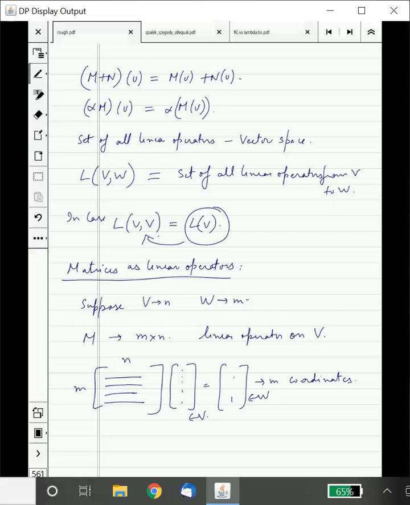It is easy to verify that M is actually a linear operator. That is good. We know now that matrices are linear operators. What about the converse?